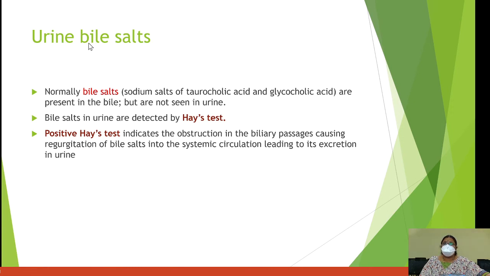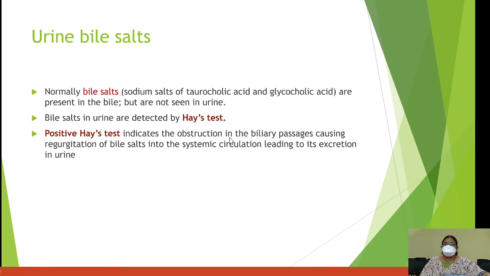And urine bile salts. Normally the bile salts are the sodium and potassium salts of primary and secondary bile acids, glycocholic acid or taurocholic acid. So these bile salts are present in bile, but they are not seen in urine.